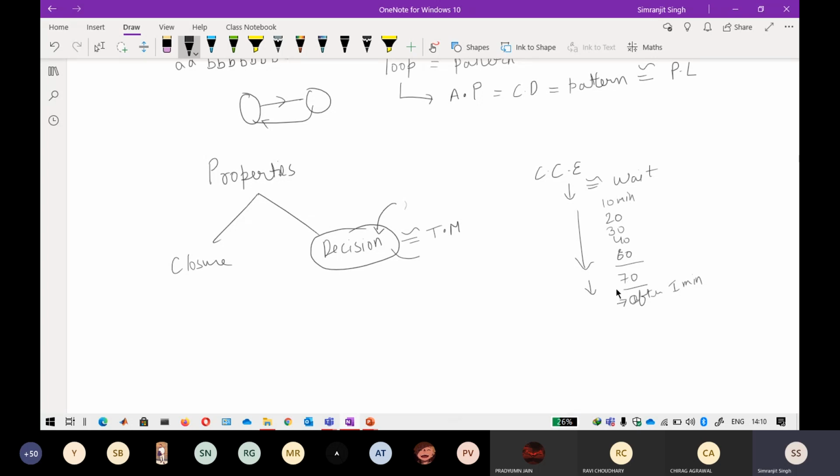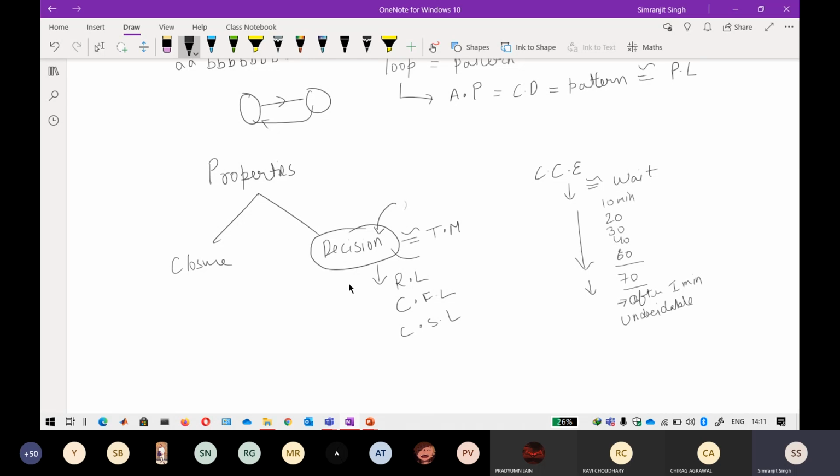Okay, so that kind of problem is called an undecidable problem, where I am not sure what the exact time for waiting is before I will get my turn. That kind of bigger question comes in the decision property. So every language, like regular language, context free language, context sensitive language, has a particular decision property.